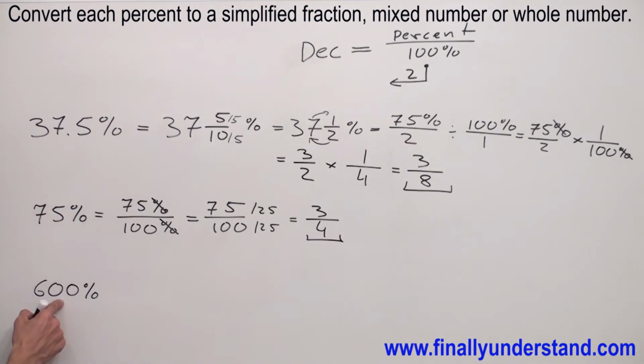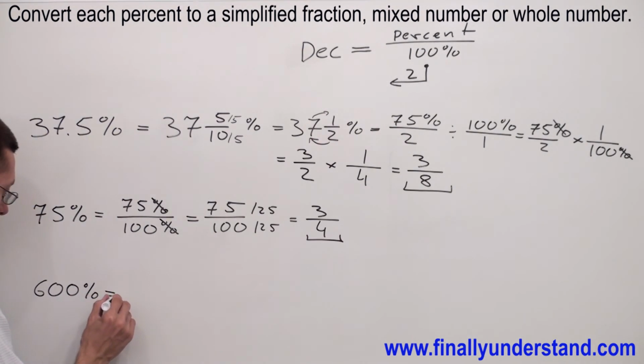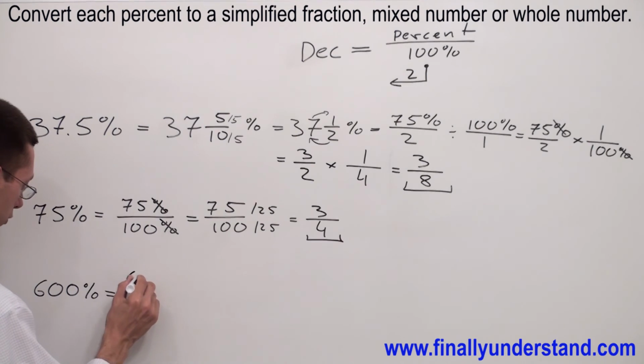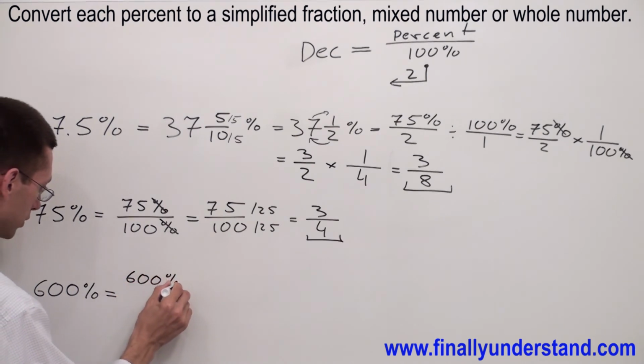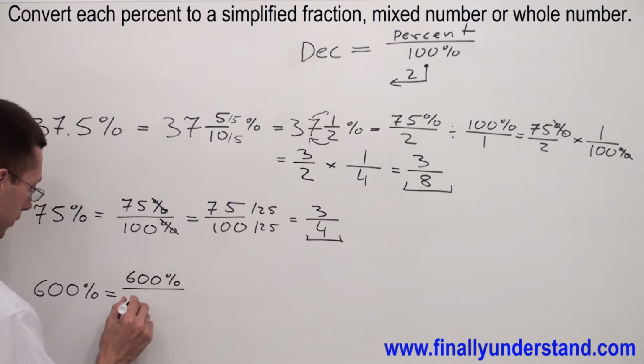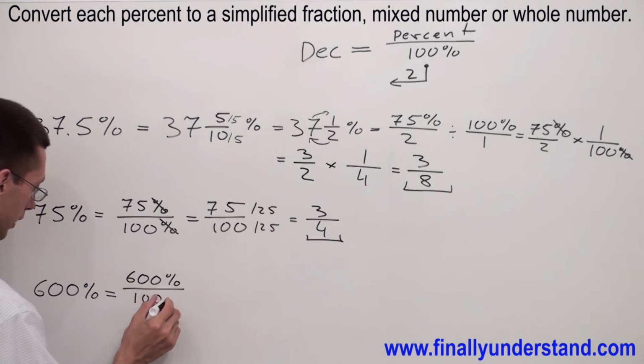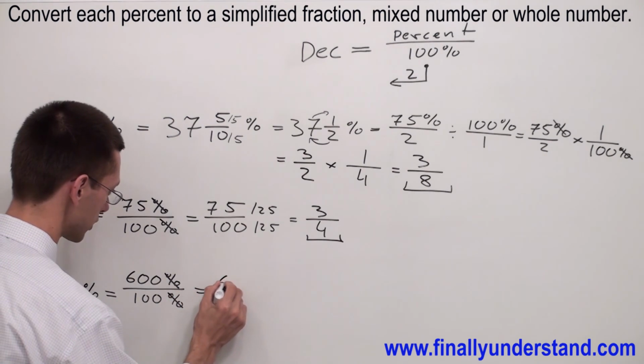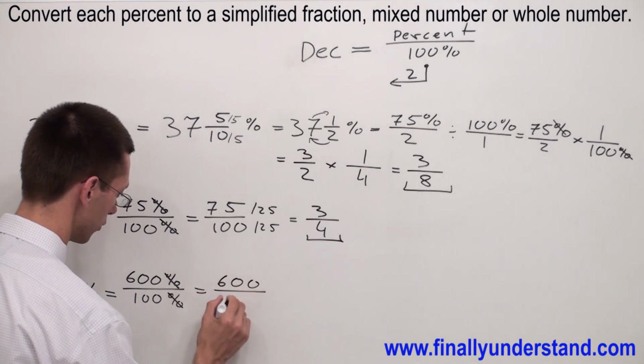Let's take a look at this example. Again, anytime we want to convert percent to fraction, we have to take the percent number and divide that by 100%. That's why I'm going to have 600% over 100%. Percent and percent will cancel out. That's why I'm going to have 600 over 100.